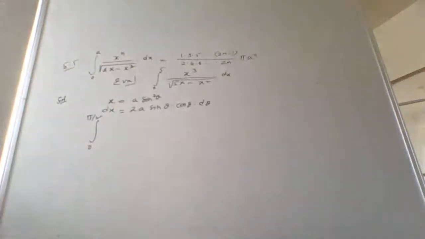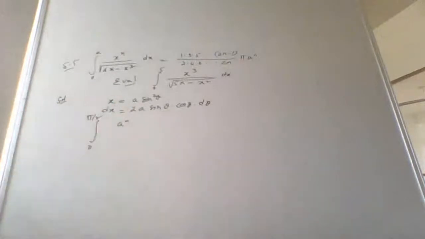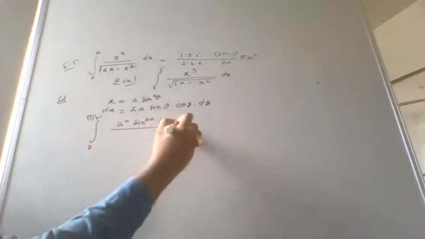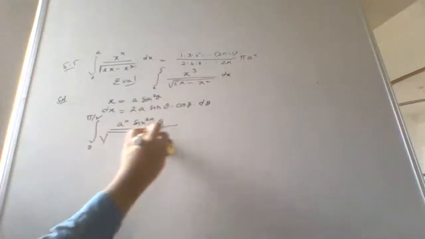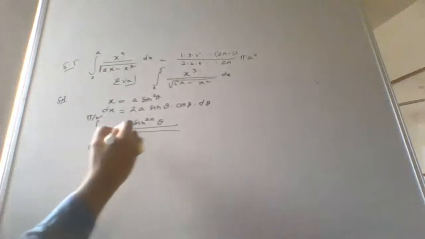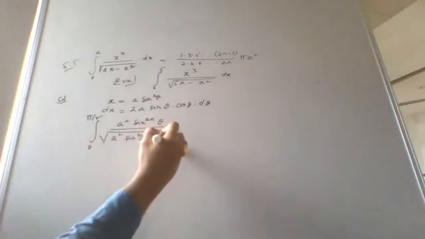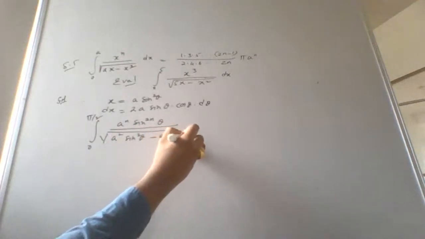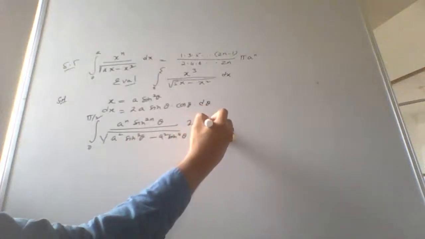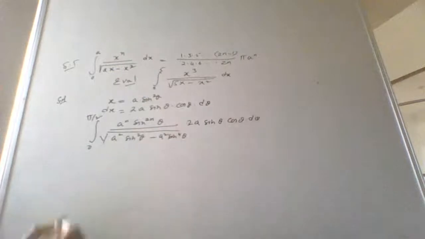Now this will be a to the power n, sine 2n theta divided by square root of a square sine square theta minus a square sine power 4 theta, and dx, which is 2a sine theta cos theta d theta.